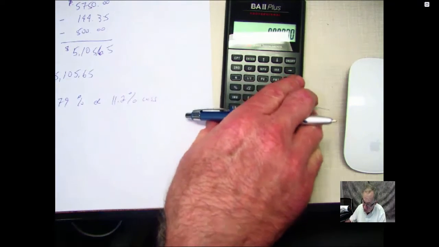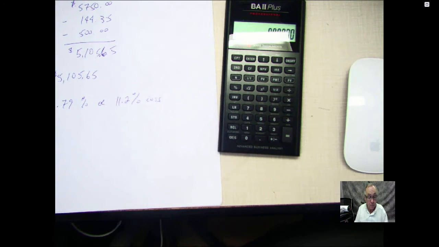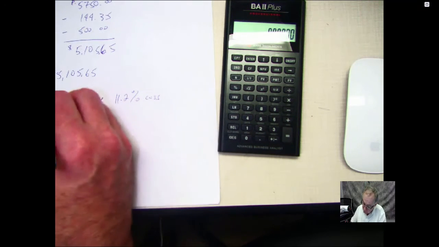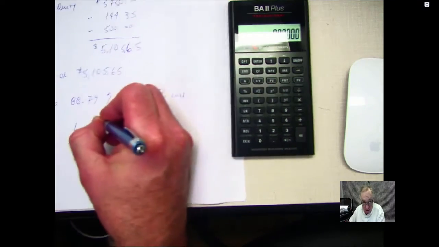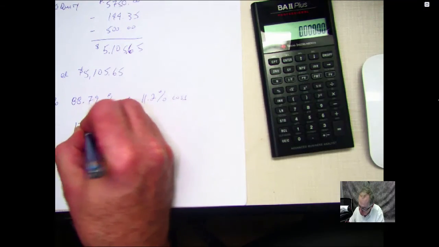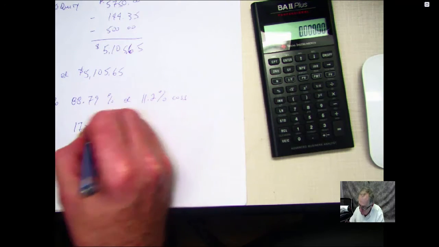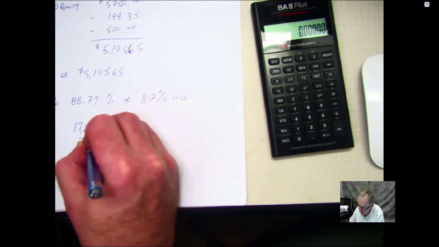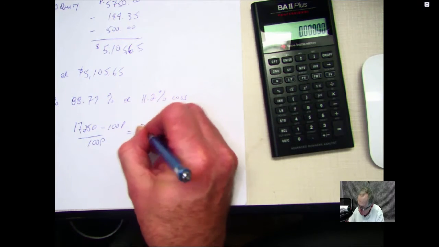So our margin position is, originally our position was 17,250 minus 100p, divided by 100p, equaling 30%.